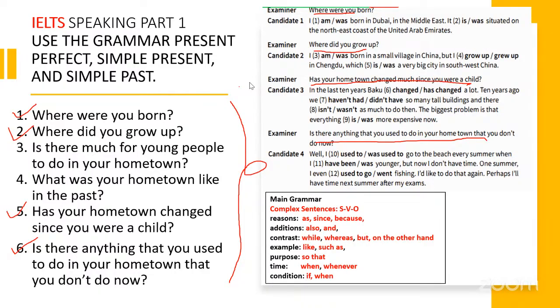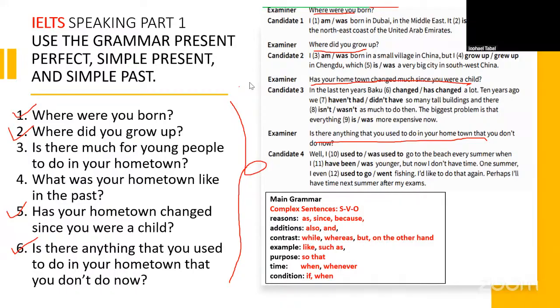But it is also cheap for everything I want to buy. Right. Is there anything that you used to do in your hometown that you don't do now?